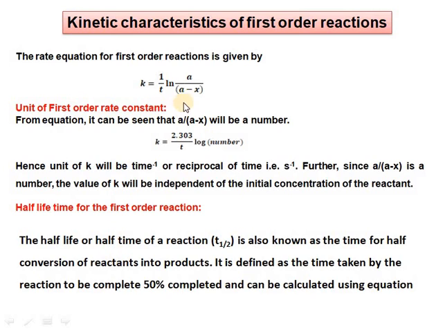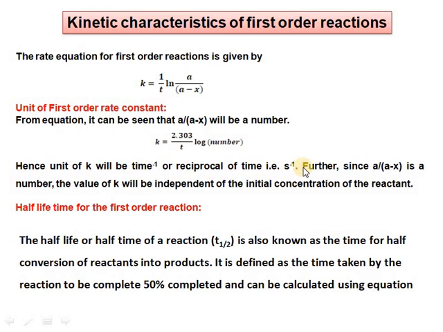Since a upon (a minus x) is a number, k is equal to 2.303 upon t into log of a number, and hence k has the unit of per time, or the reciprocal of time.